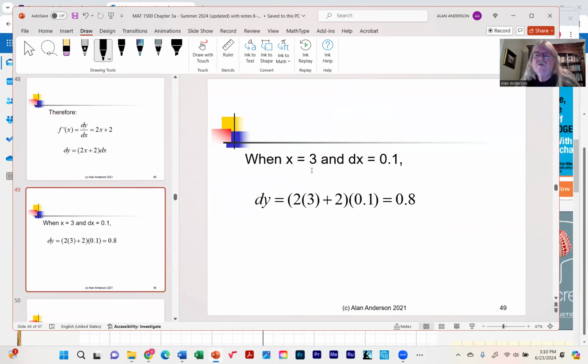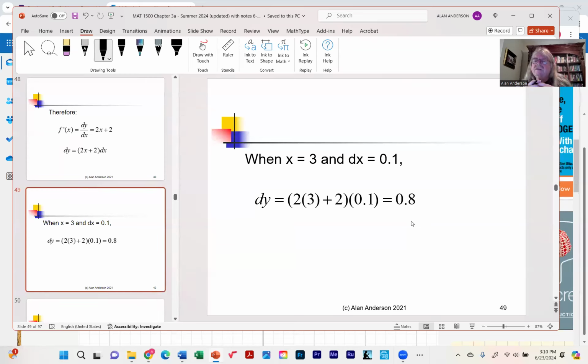So if we chose x to be 3 and dx to be 0.1, that means the approximate change of y is 0.8. Here, we didn't directly calculate the new value of y. We figured out the change.